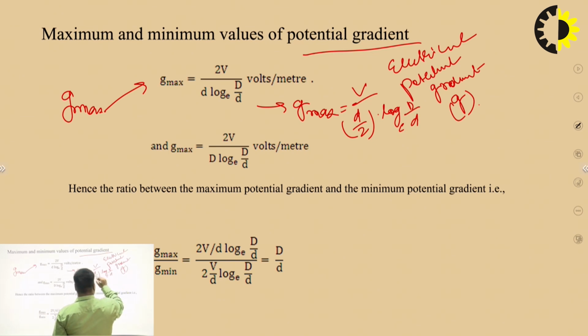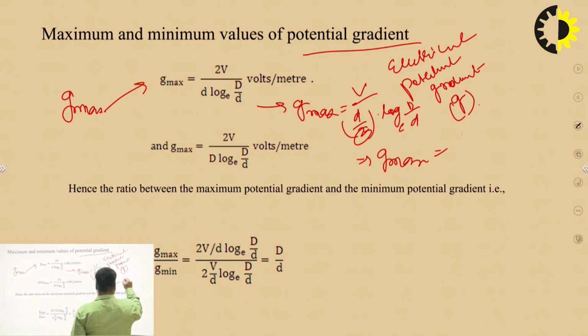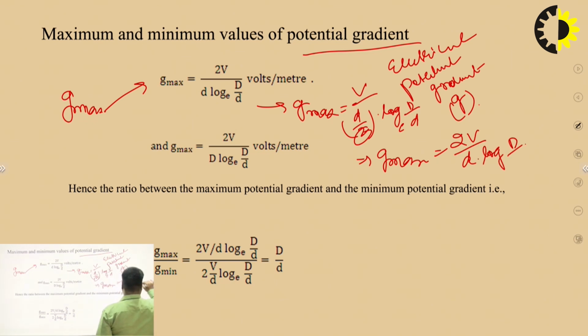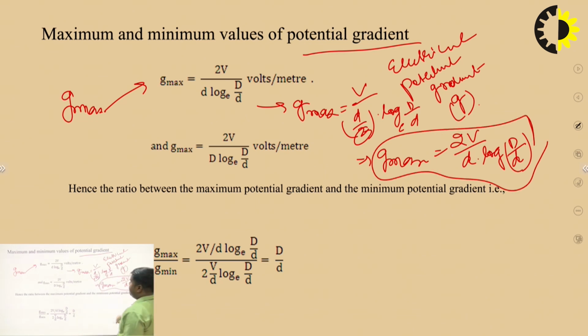The 2 comes to the upper side, so G max equal to 2V by d logarithm D by d. This is the case of G maximum. The electric potential gradient would be maximum in this case.